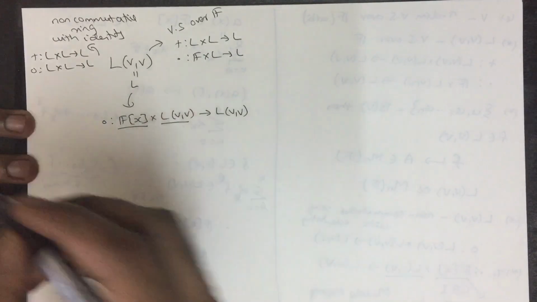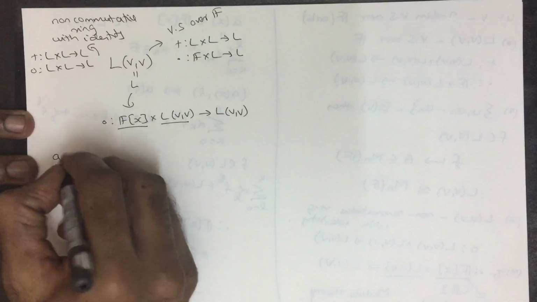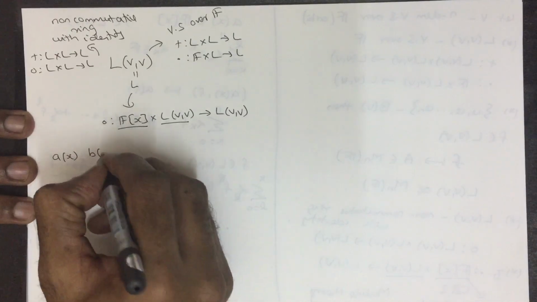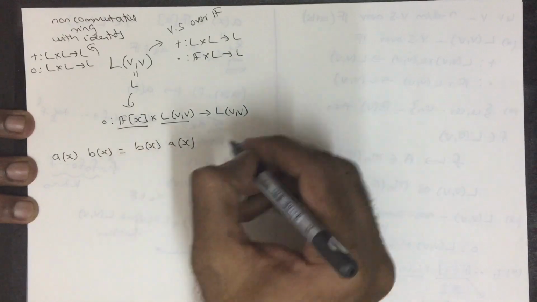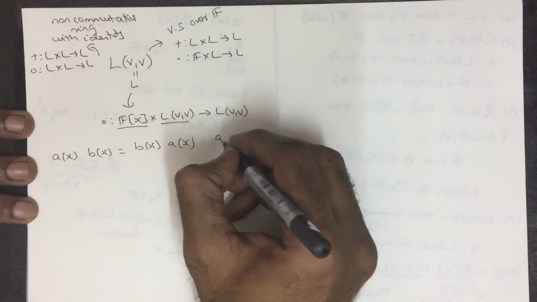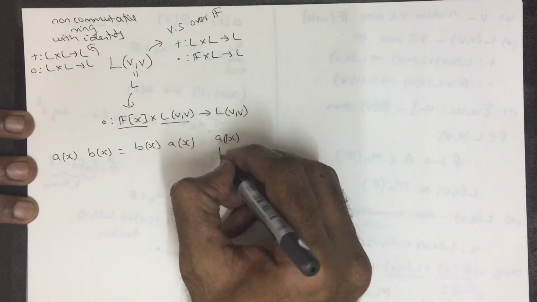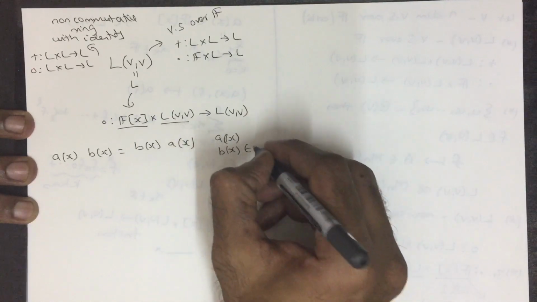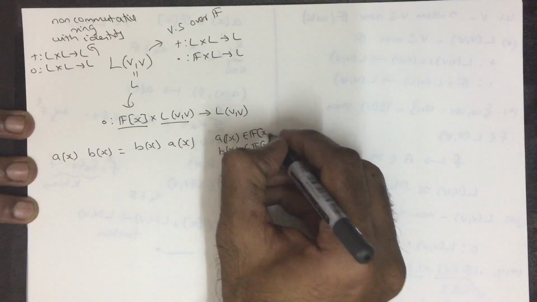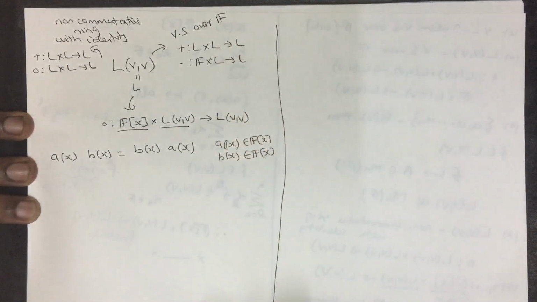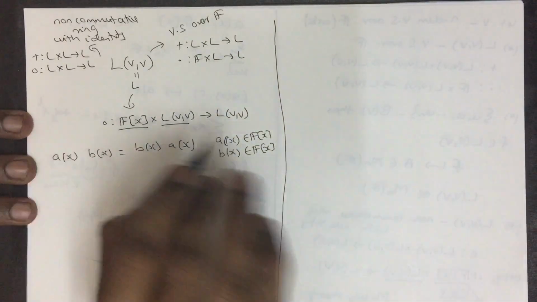Therefore, for example, if we take two polynomials a of x and b of x, both belonging to the polynomial ring, we know that a of x b of x is equal to b of x a of x.